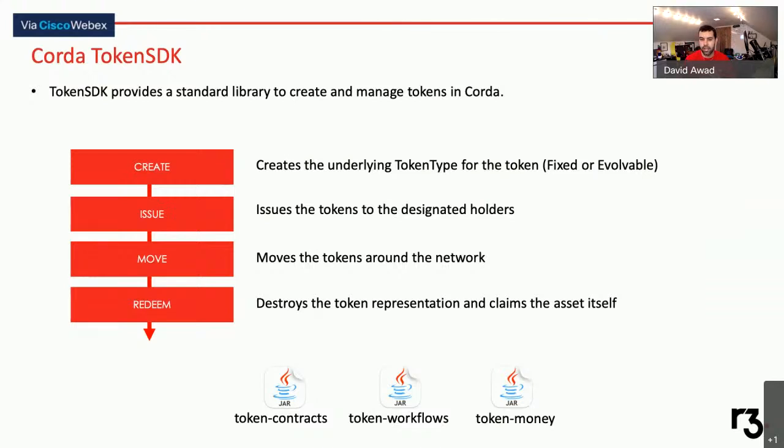So again, the last thing, that redeem, which destroys the token representation and claims the asset itself. Just to think back here again, you have the relationship between the ownership of the token and the asset itself. And so when you redeem a token, you are essentially saying, I would like to exercise this option, you might say, or I would like to actually claim the asset to which I have a liability.